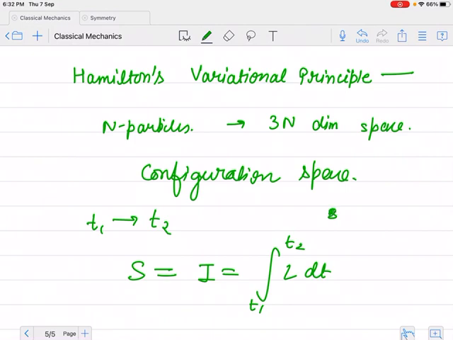So what is L? L is nothing but T minus V, and that is the basic definition. Let me write it down.